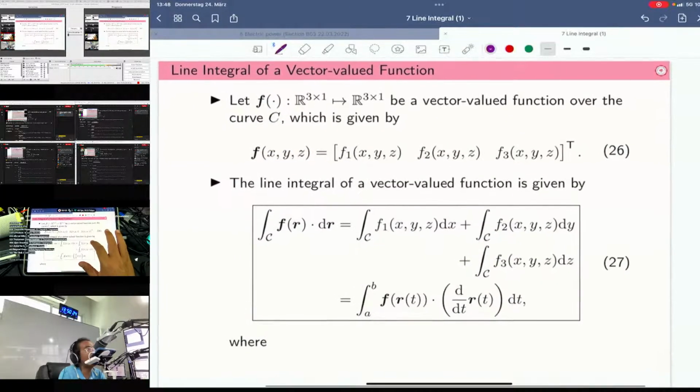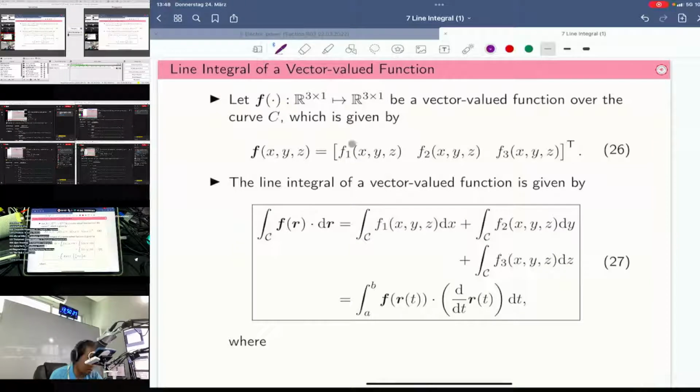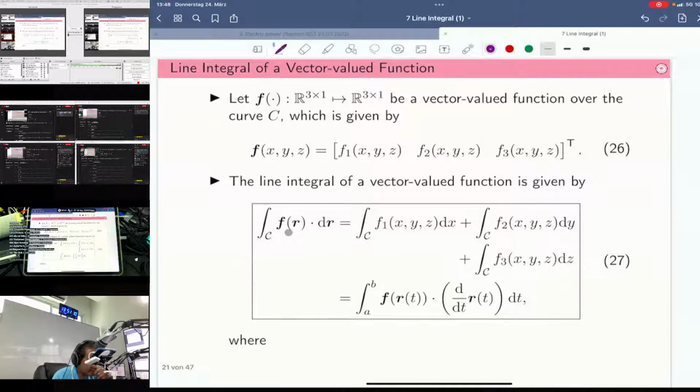Once our function is a vector, let's say our vector has 3 components f1, f2, f3 arranged in a column, stacking way, from R3 to R3, because the input is composed of variables x, y, and z, right? 3 inputs, and the output has 3 components f1, f2, f3. So 3 times 1.